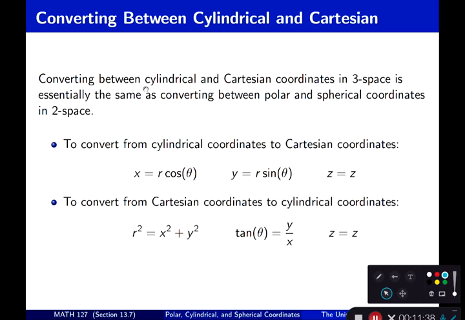If you're converting from cylindrical coordinates to Cartesian coordinates, x again is r cosine theta, y is r sine theta, and z is z. And if you're converting from Cartesian to cylindrical, r squared is x squared plus y squared, tangent theta is y over x, and z is equal to z again.